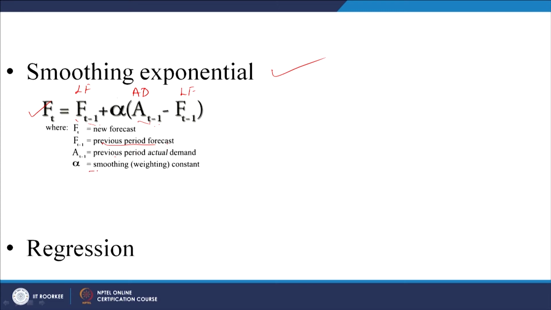Alpha is a factor which ranges between 0 and 1, and the higher the value of alpha, the more the most recent value is taken. So, exponential smoothing also is a technique used for forecasting.